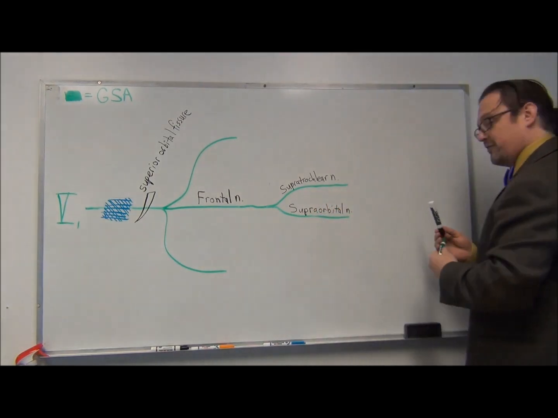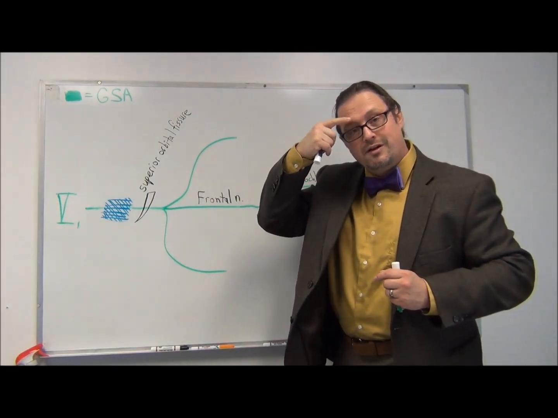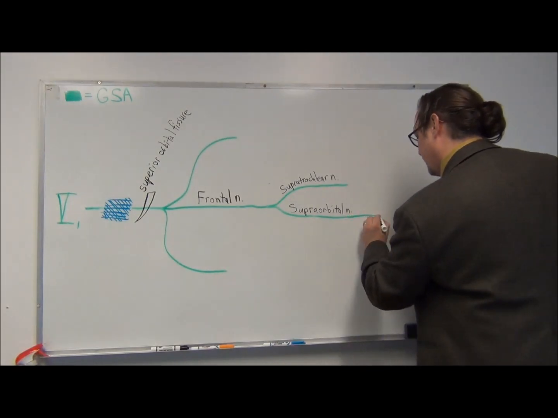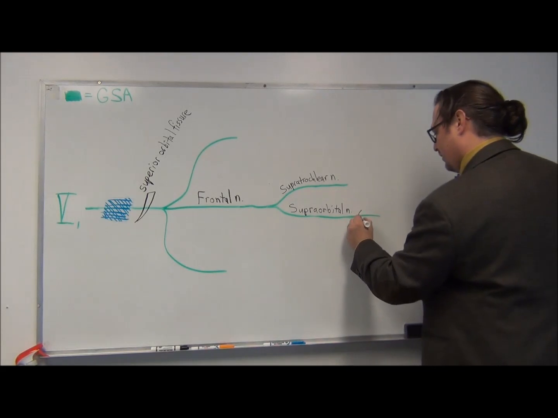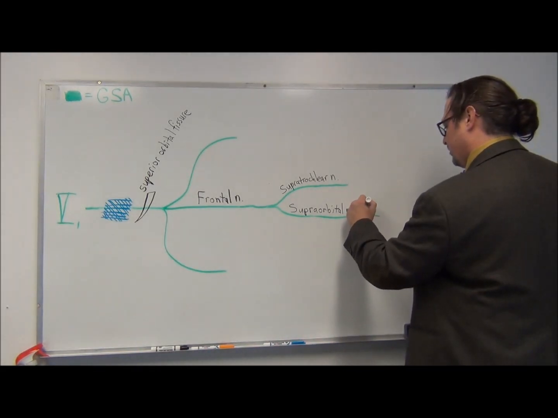Now the supraorbital nerve loops across this part of the frontal bone as it goes onto the forehead. As it does so, it passes what's referred to as the supraorbital foramen, if it's a complete hole, or the supraorbital notch.